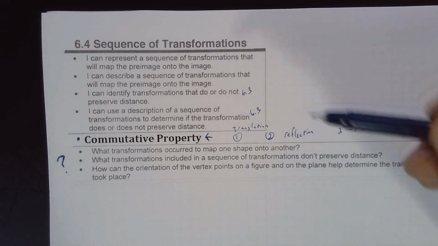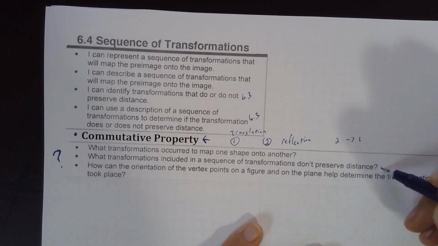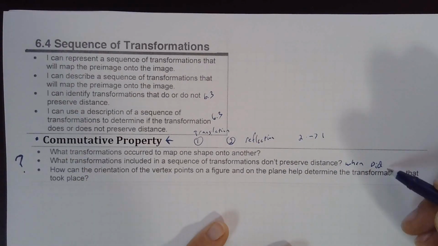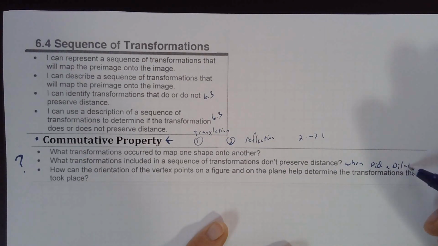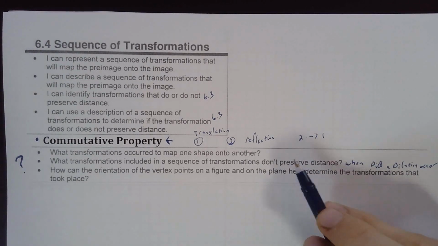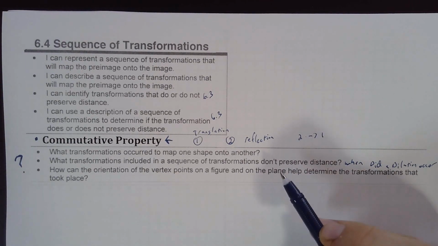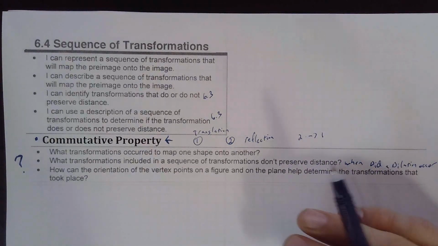So when did a dilation occur? So when a dilation occurs, distance is not preserved. That's all you need to remember.